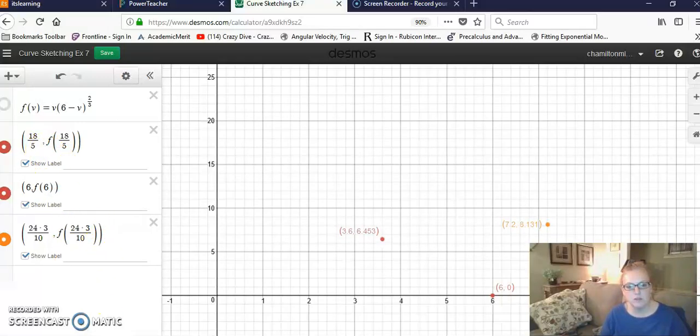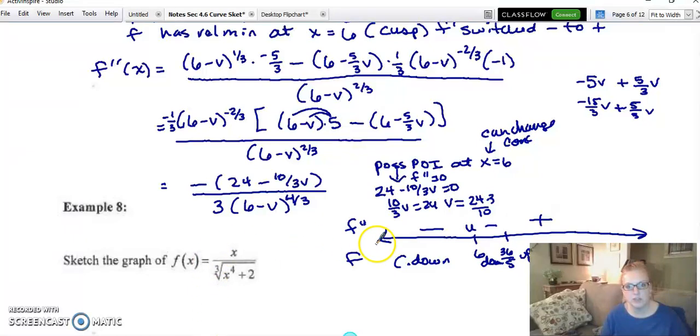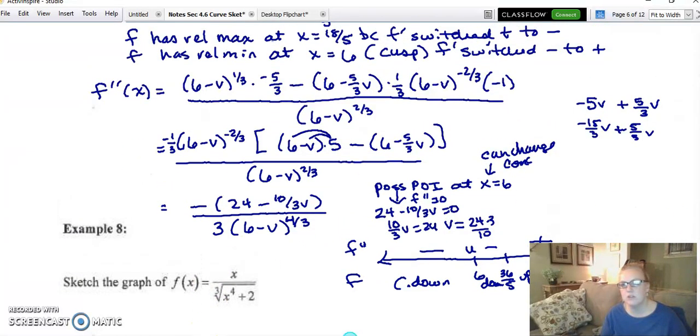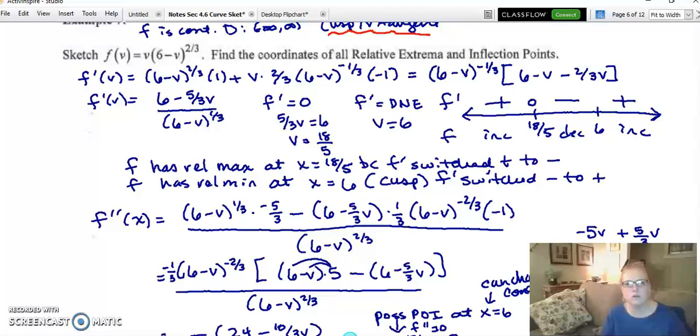And then taking a look at it before I go to the actual sketching, I might go back to the original and think about where the x-intercepts were, 0 and 6. So x equals 0, x equals 6. Those are my x-intercepts. And then we'll look at the limit as x goes to infinity of f of x. Let's think, this is going to go to infinity.